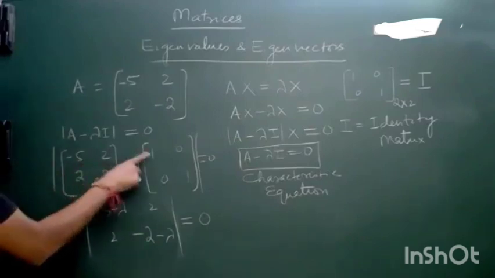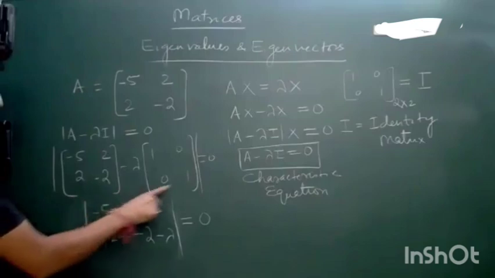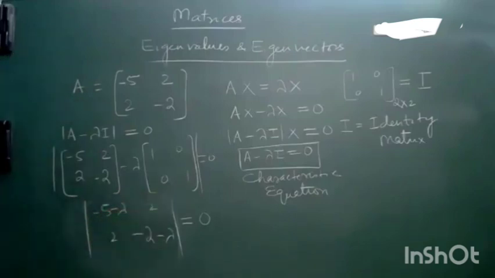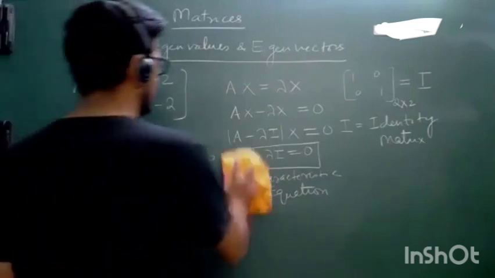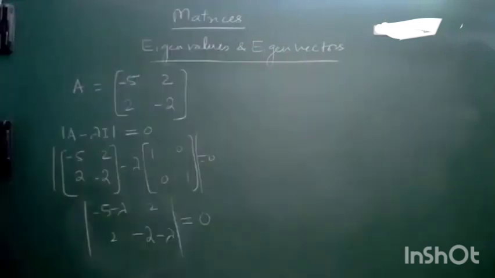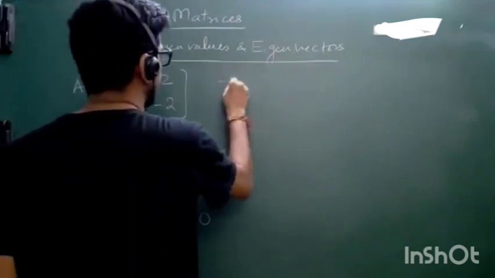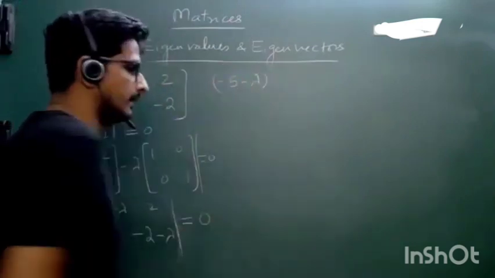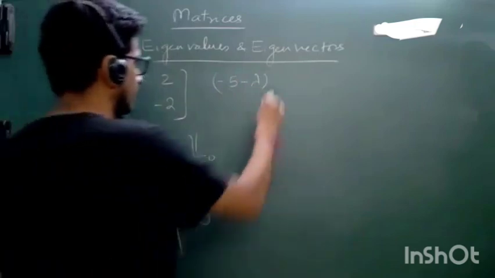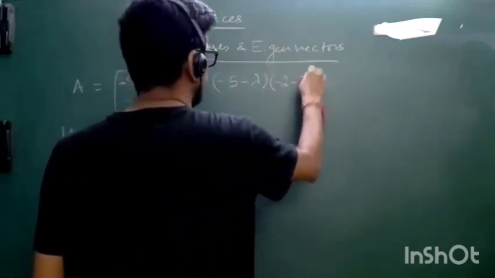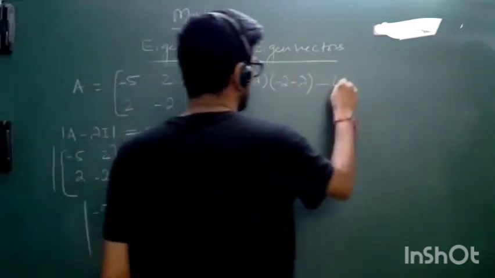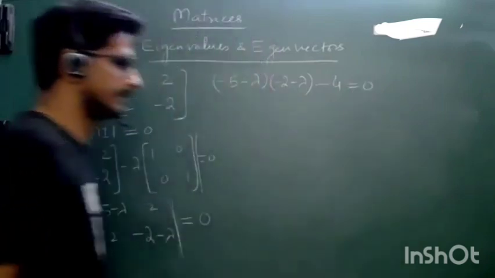Minus 5 minus lambda and minus 2 minus lambda, all other values will be same. Okay, so now let us solve this. So it will become minus 5 minus lambda, minus 2 minus lambda, minus 4 is equal to 0.